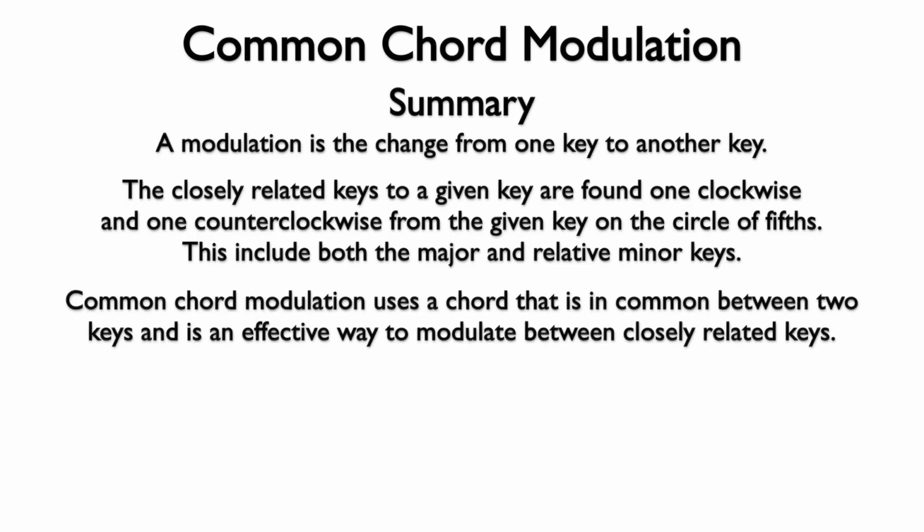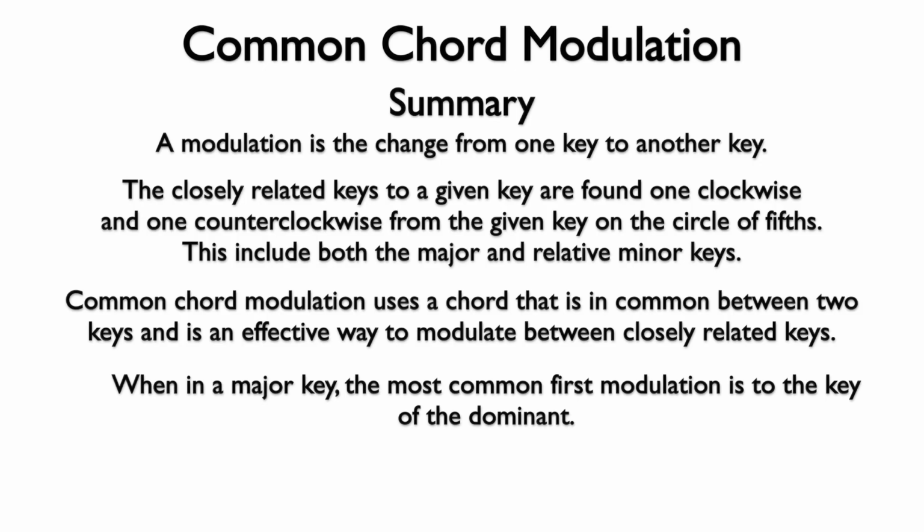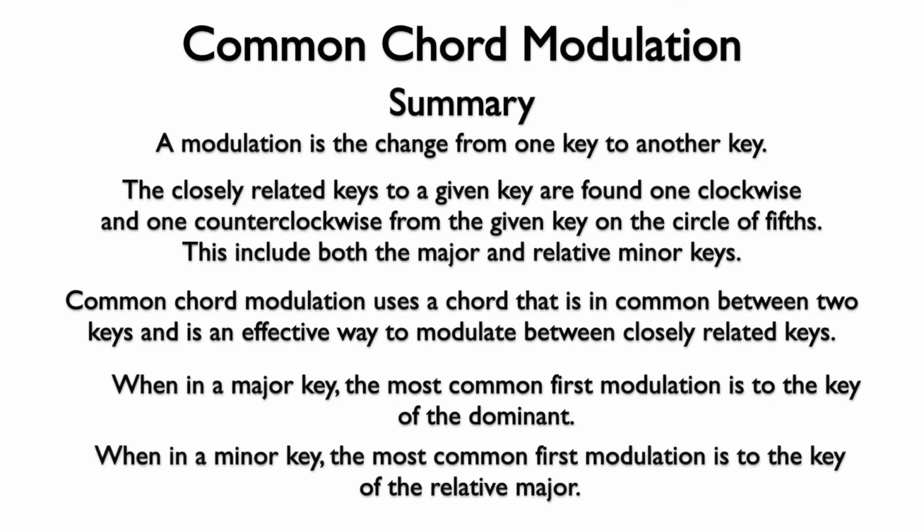Common chord modulation uses a chord that is in common between two keys and is an effective way to modulate between closely related keys. When in a major key, the most common first modulation is to the key of the dominant. When in a minor key, the most common first modulation is to the key of the relative major.